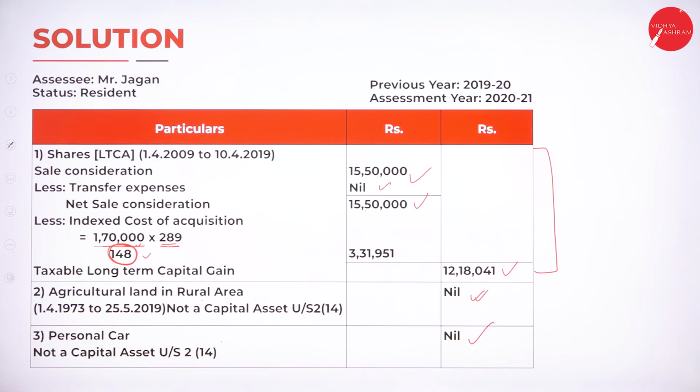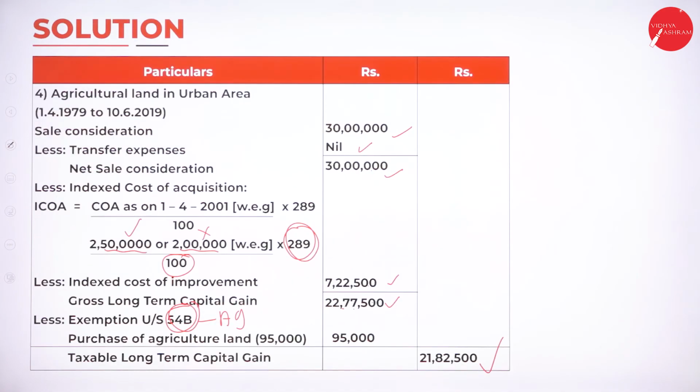Anything for personal use, nil. Fourth one, agriculture land in an urban area. Urban area never consider as nil. You have to calculate. You have to consider the greater value if it is on or before 2001. At the end, we have considered 54B.